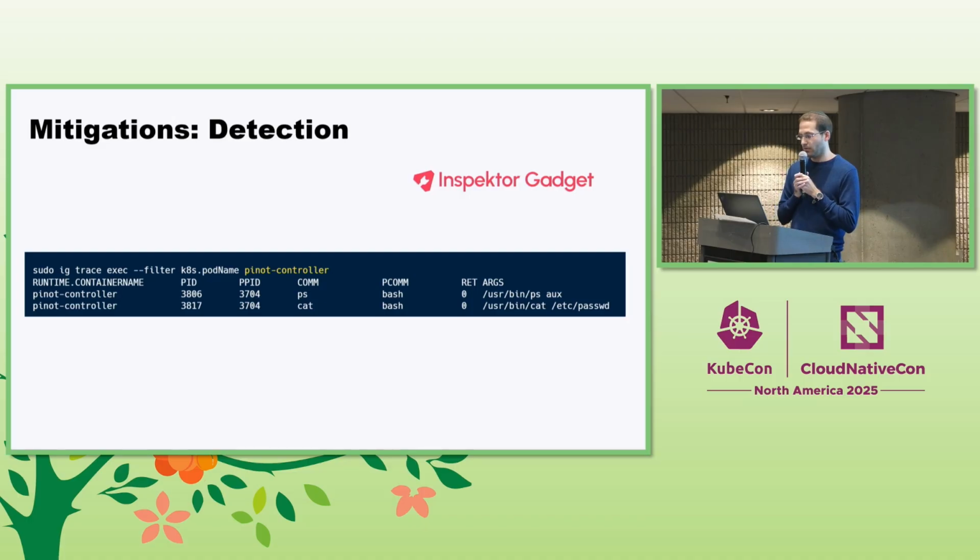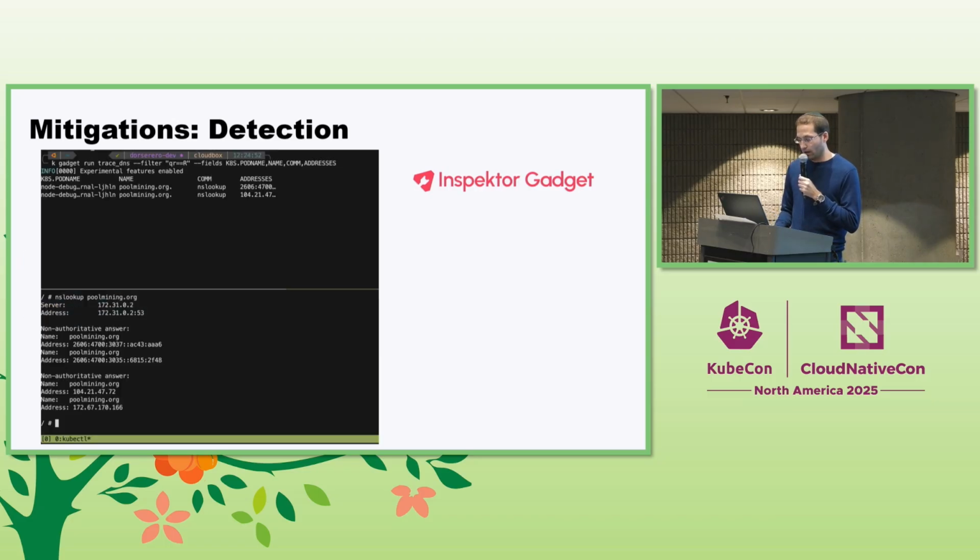Here is an example of Inspektor Gadget. You can use it to track the running processes in the container to find such anomalies. And you can also use Inspektor Gadget to monitor the DNS queries from the containers. So in the bottom half, we see a container that accesses a mining pool.